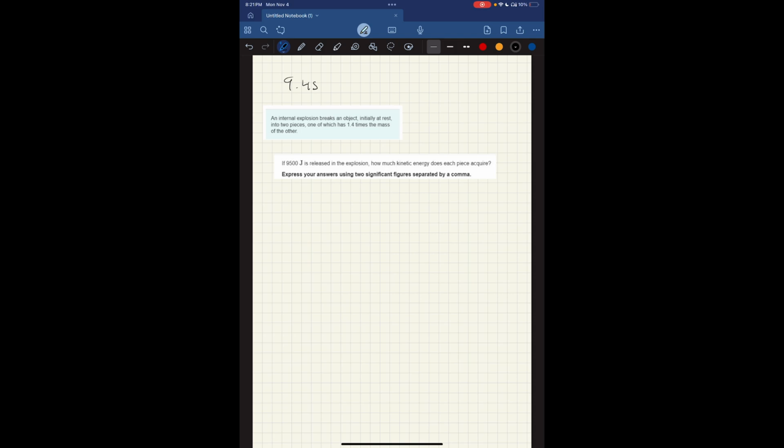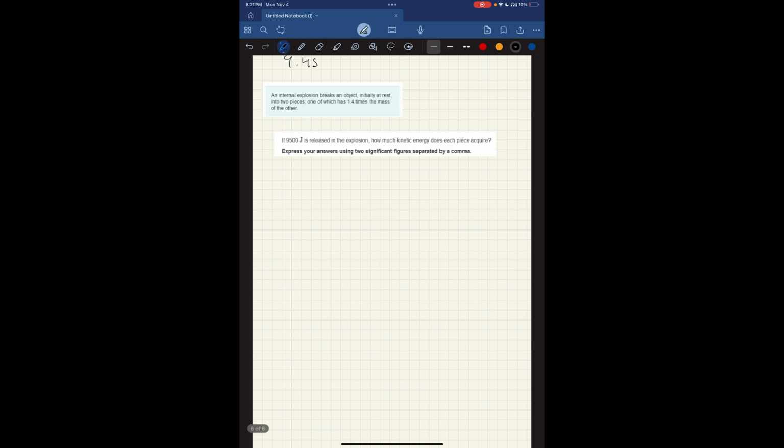First step is to write down the relationship between the masses. Initially, we would have an object that explodes into two pieces, mass 1 and mass 2, each with their own respective velocities.